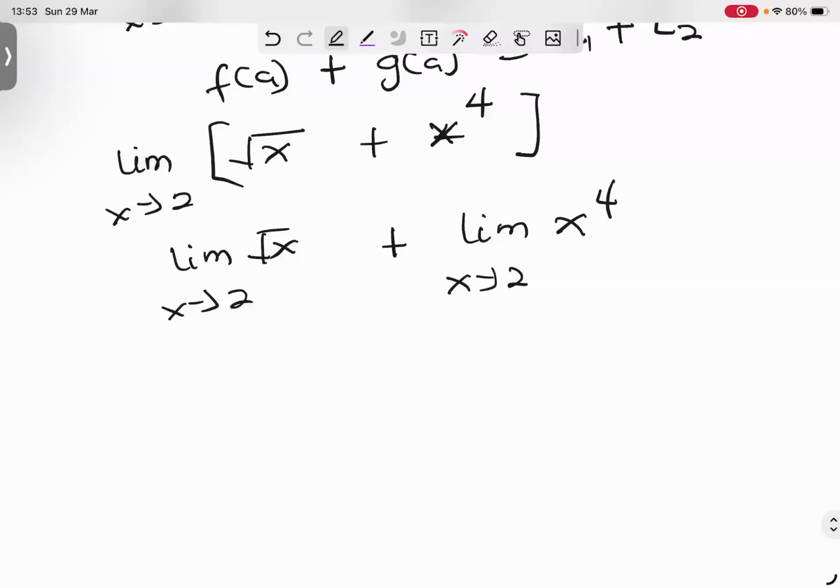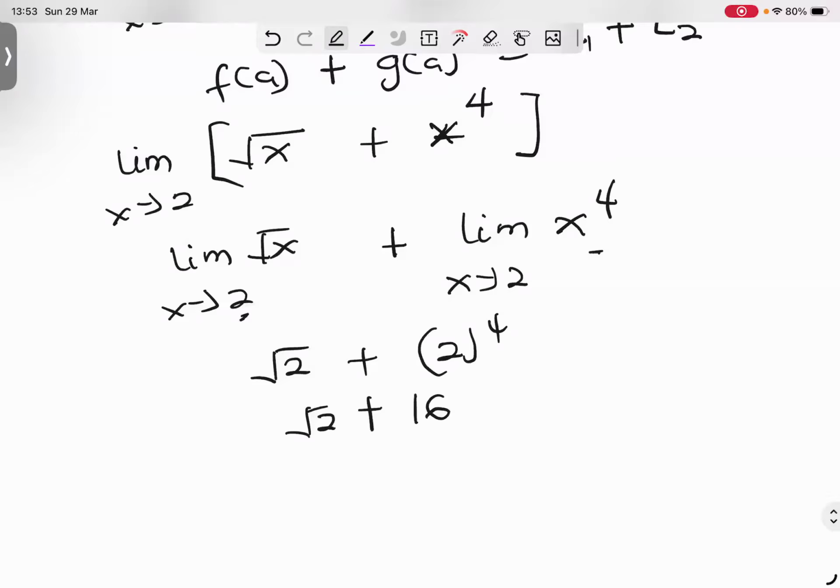In a limit, we have seen that wherever we see x, we are going to put the value that x is approaching there. So from the first term, we'll have the square root of 2, plus from the second term, we are going to have 2 raised to the power 4. This will be the square root of 2 plus 16. You are allowed to find the square root of 2.